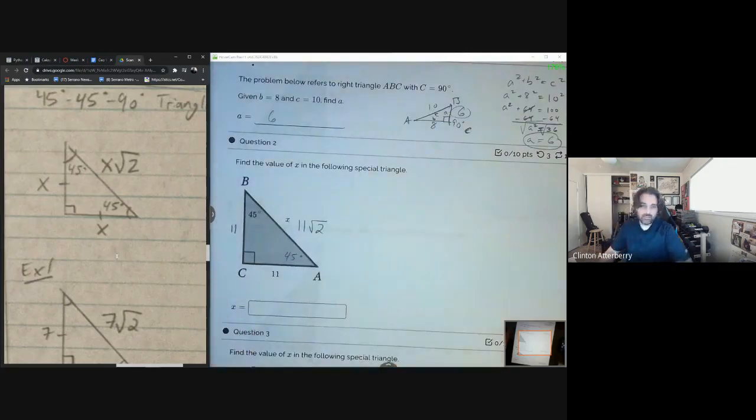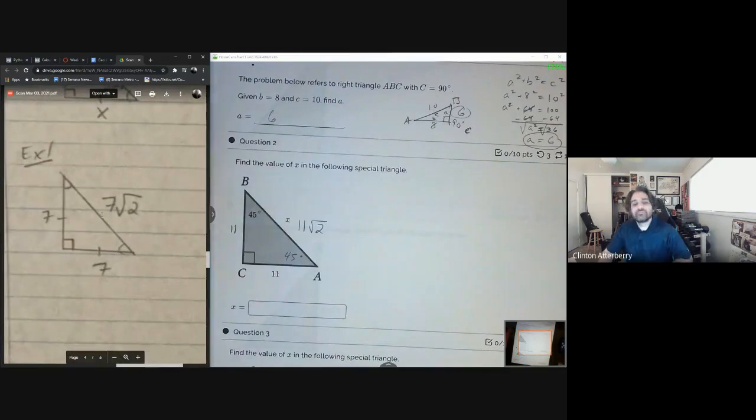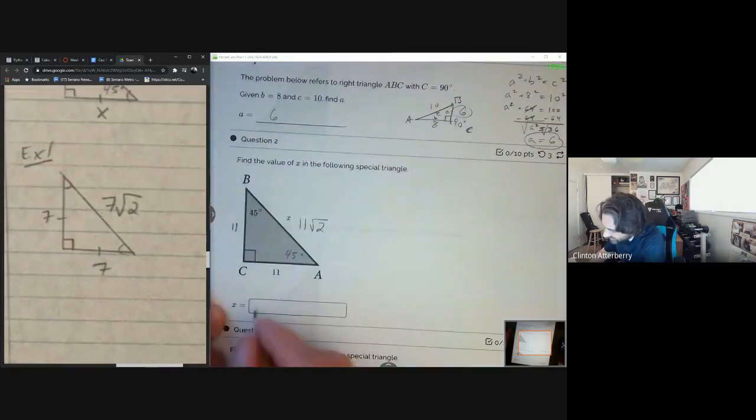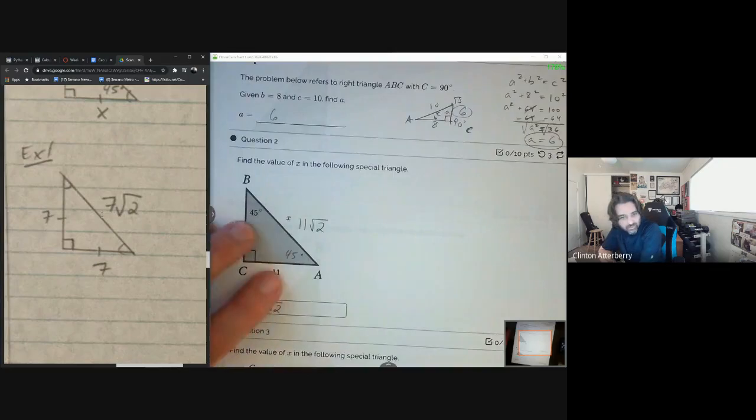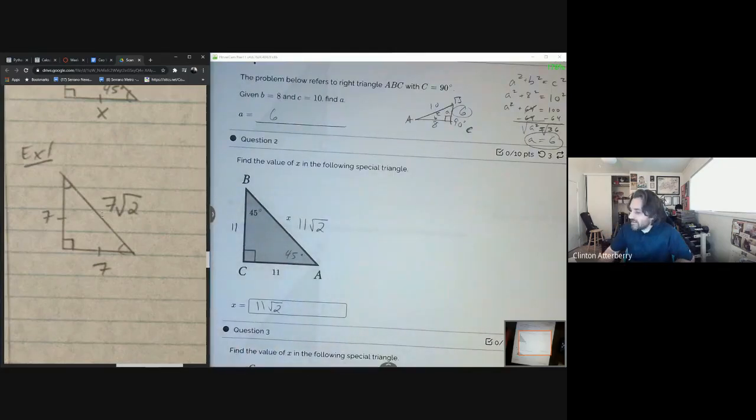It's literally just a pattern to follow. So for mine, I would say 11 square root of 2. And it goes backwards too, so if they give you something like 11 square root of 2, then your side length would just be 11. You kind of remove the square root to get to the side lengths.